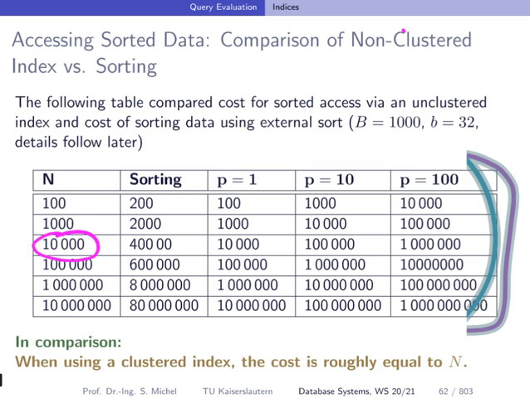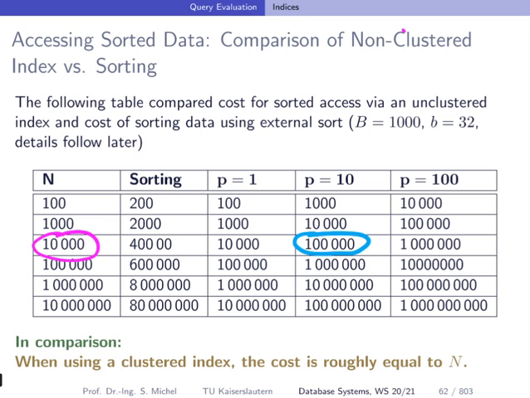So why do I show this slide? You see here that for certain parameters which are realistic, we said p should be above 10, the cost for reading an unsorted file, or let's say a wrongly sorted file, in a sorted fashion is 100,000 page accesses for parameter 10 in the previous example.